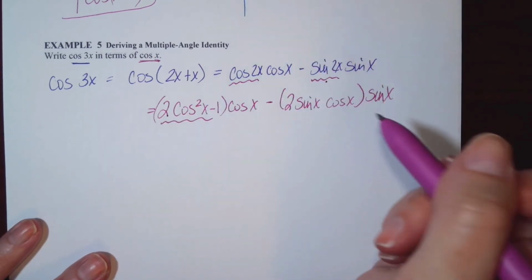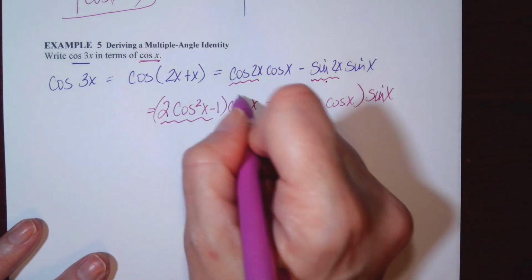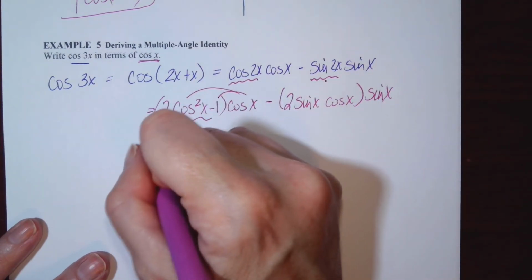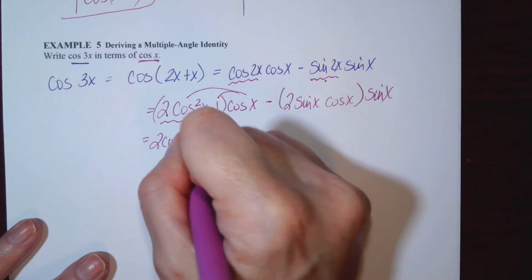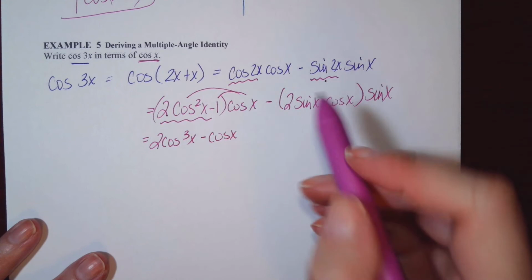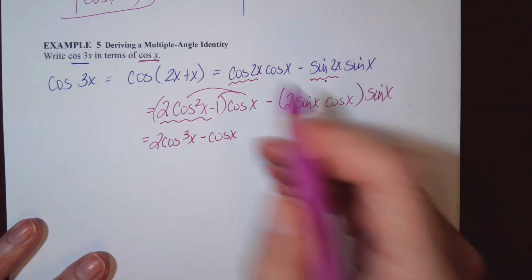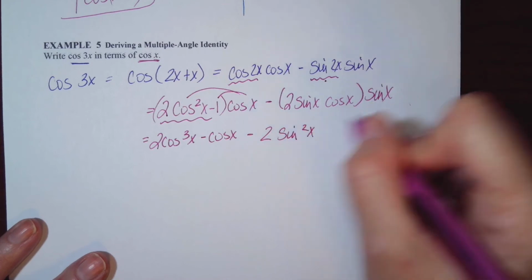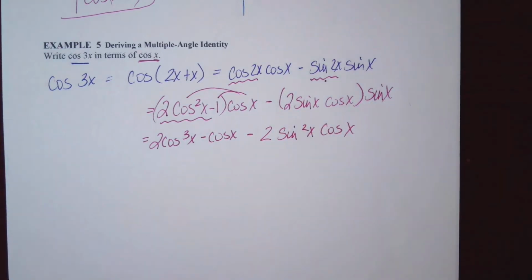All right, let's multiply things in where we need to. So right here, we're going to distribute this cosine in. So I have 2 cosine cube x minus cosine x. And when I multiply all of this together, I have a negative 2 sine square x cosine x.